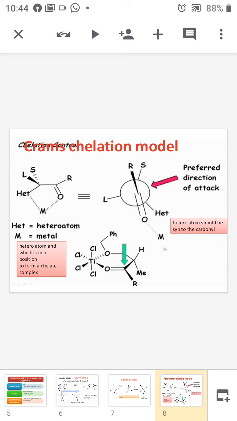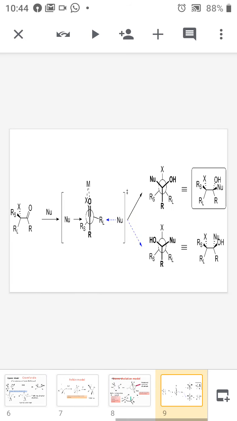Here the smallest group is hydrogen, so the attack is in the upward direction. Now this is another example. Here also the nucleophile attacks on the side of the smallest group. Sorry, this is an example for a chelate group.